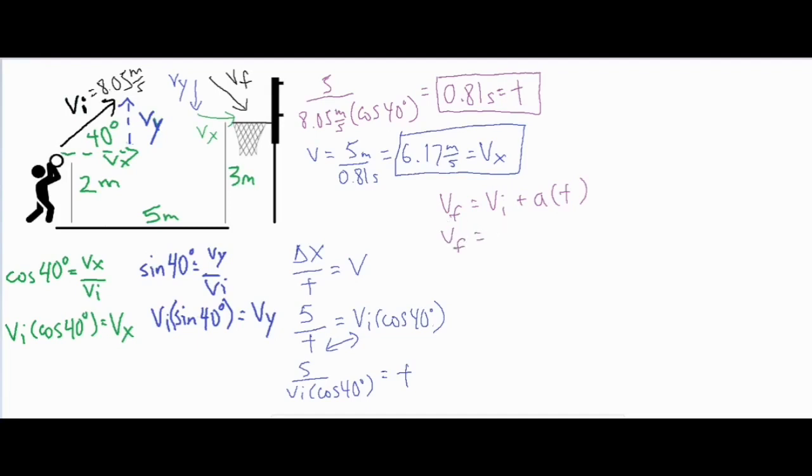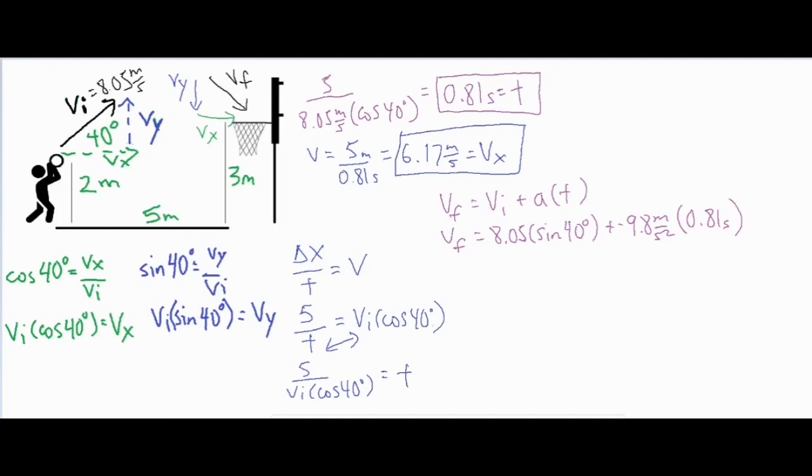My vi in the vertical direction is 8.05, which is my initial velocity, times the sine of 40 degrees, as I set up over here. So that's my vi, and then plus my acceleration, as usual, negative 9.8 meters per second squared for something that's in free fall motion, times time, which is 0.81 seconds.